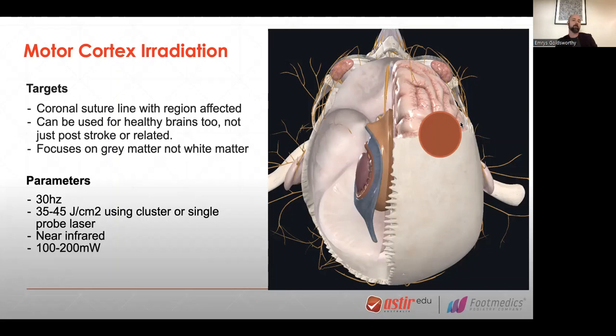Okay. You apply 45 joules per centimeter squared to the brain through the skull, and you're not going to get much more than 1 joule into the brain itself. Okay. So it's not a good rate of transfer. A huge amount of it gets sucked up by the actual cranium. That's why we do it for so long.